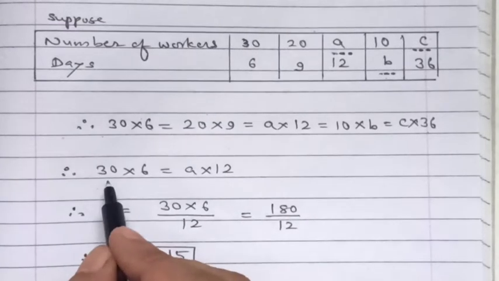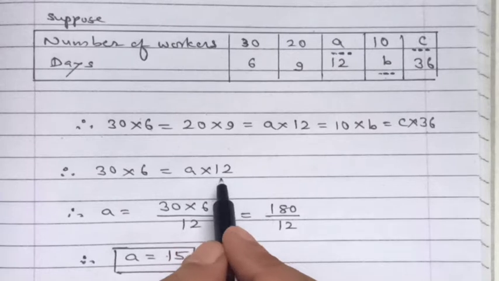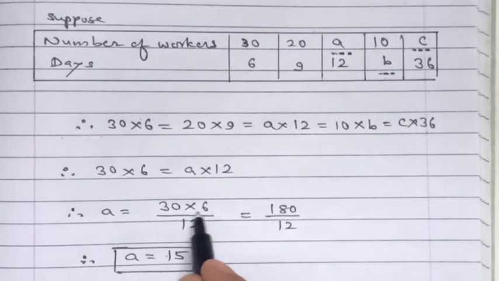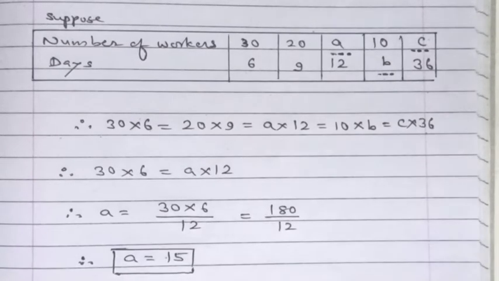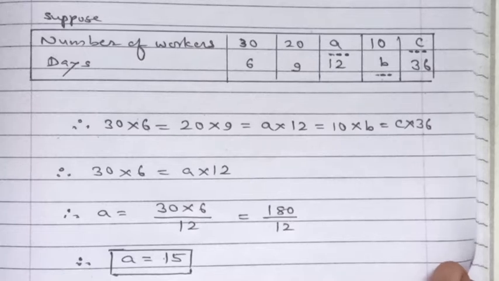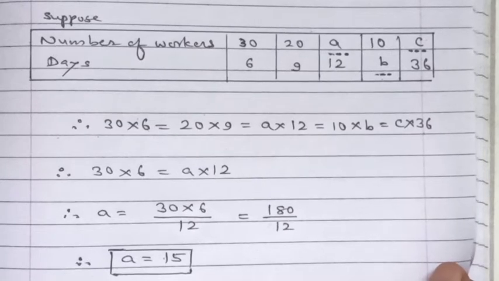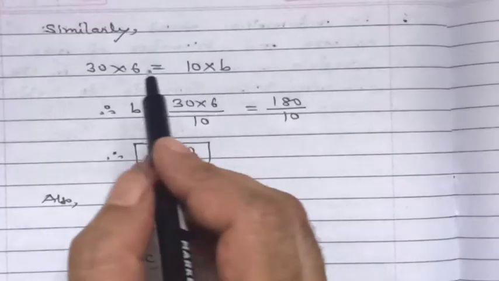Since I have taken 30 into 6 is equal to A into 12, A is equal to 30 into 6 upon 12, which gives 180 upon 12. Therefore A is equal to 15. That means the number of workers is 15 when days are 12.